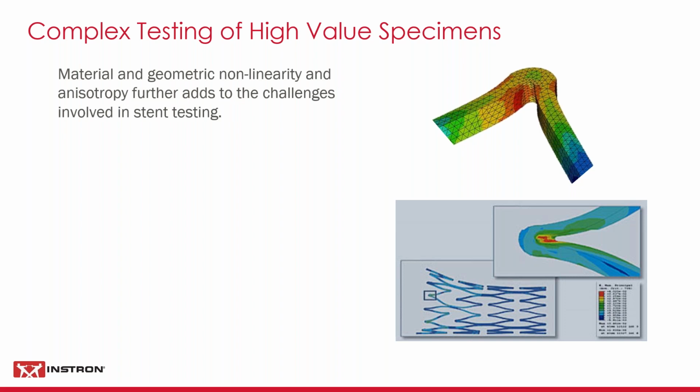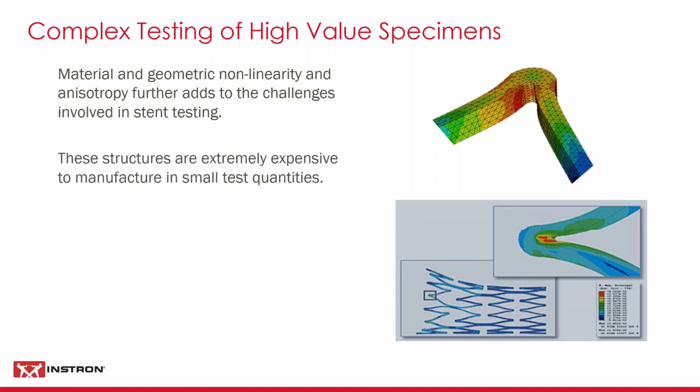So you need to watch out for both the structural and the material non-linearity. And certainly once you've worked the material into shape, then you get anisotropic behavior, which continues to make modeling the structures, as I was saying earlier, really important. So it makes life very interesting for the guys who have to do this design work.